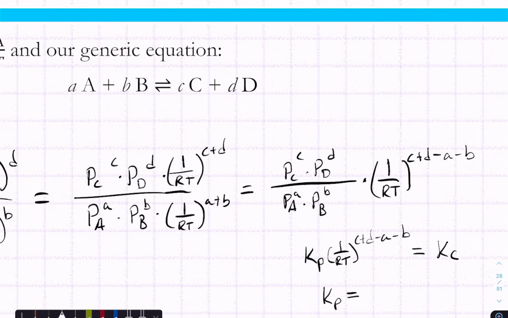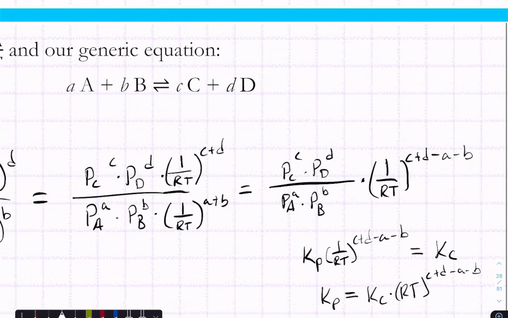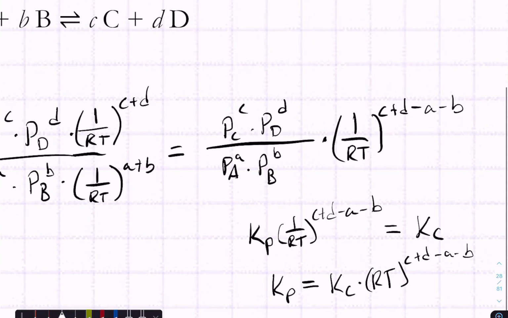Or Kp is equal to Kc times RT raised to the c plus d minus a minus b. Sometimes it just works out nicely, as long as you're working with ideal gases and ideal dilute solutions.